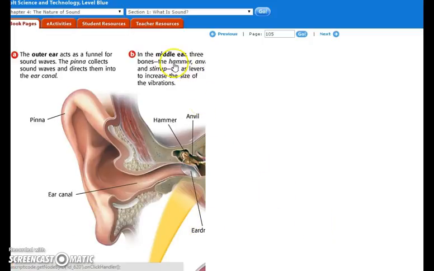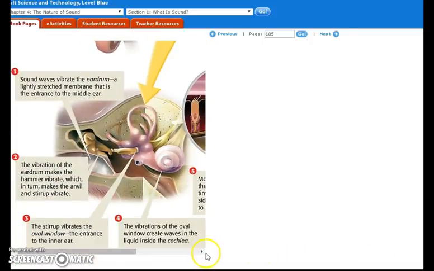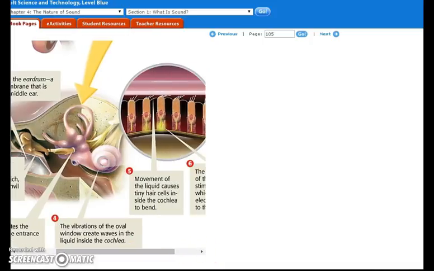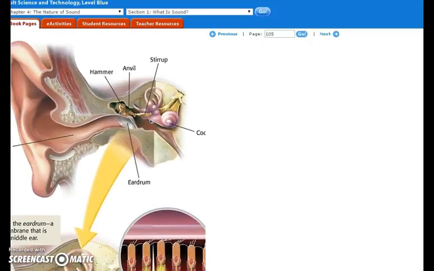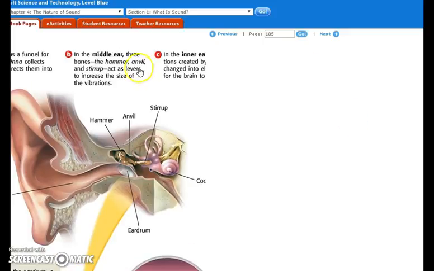So the middle ear is made up of these parts. We have 3 bones: the hammer, anvil, and stirrup. So we have the hammer, anvil, and stirrup. These are bones.